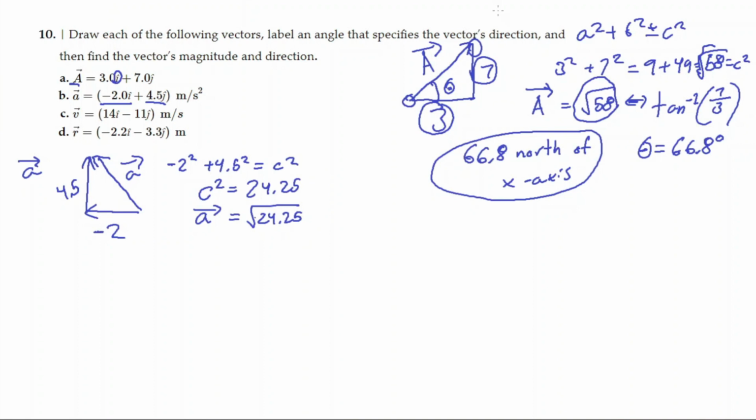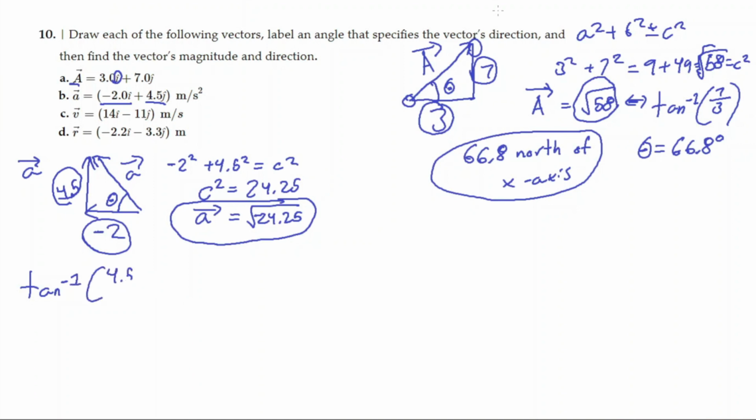A lot of times you don't really have to simplify this. Now let's find the direction of it. So again, we know the opposite of theta. Theta is going to be right here. So we know the opposite and the adjacent of theta. So again, let's use arctan. So we're going to have tan inverse of 4.5 over -2. If you plug that in, that gives you a degree of negative 66 degrees.